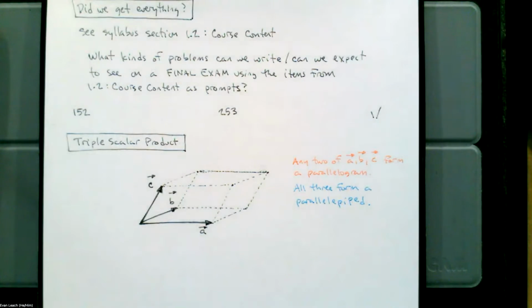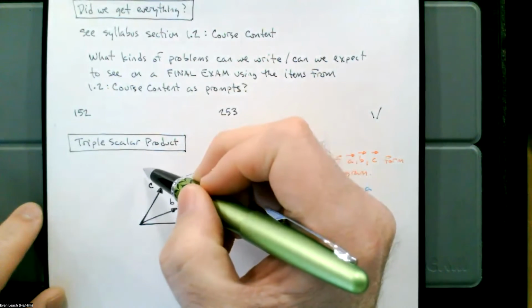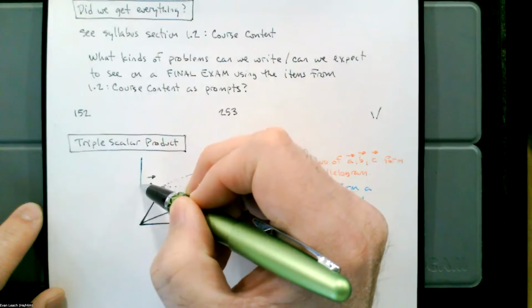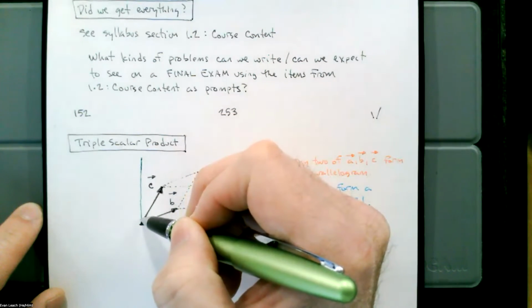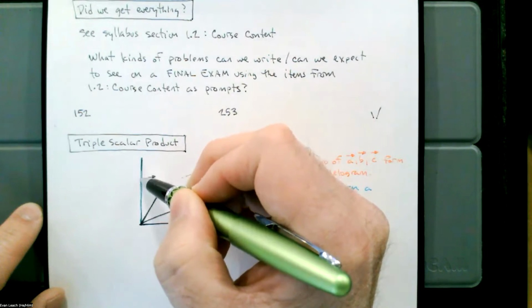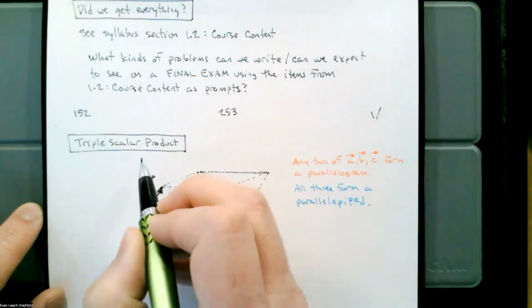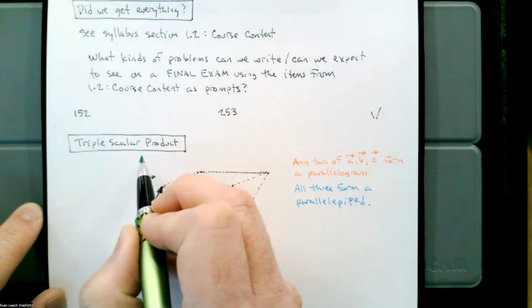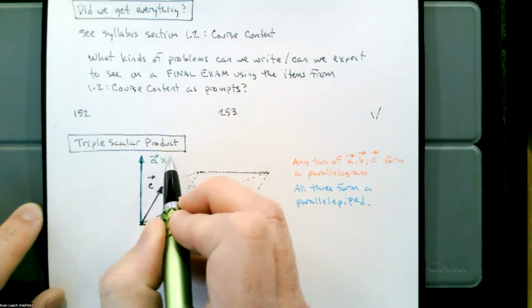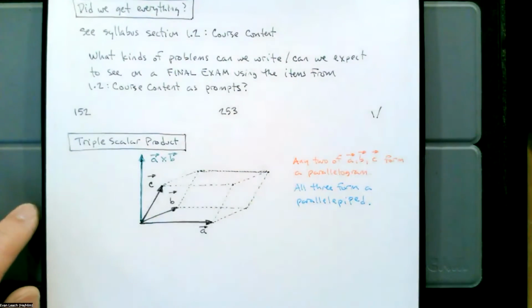So if I find the cross product of A and B, I'm going to make it vertical because it's easy to draw here.